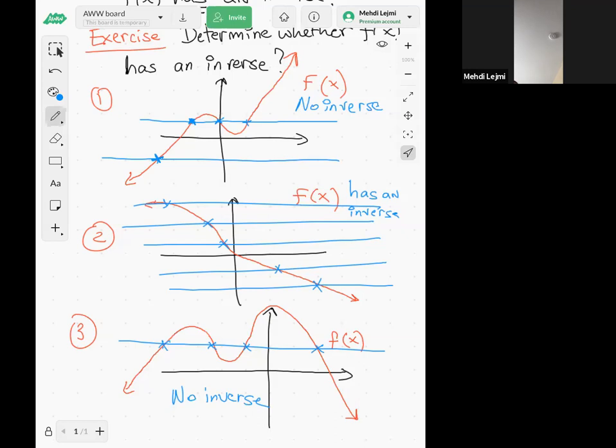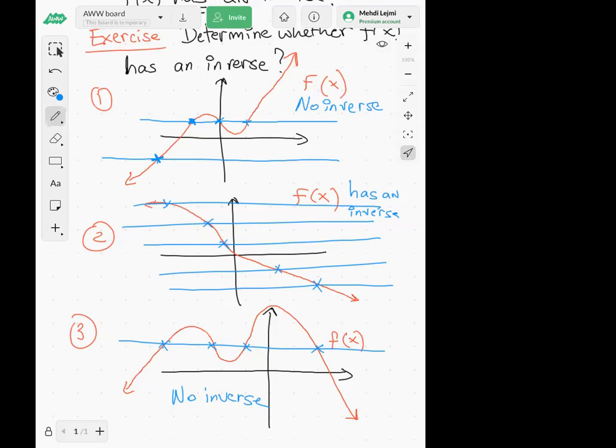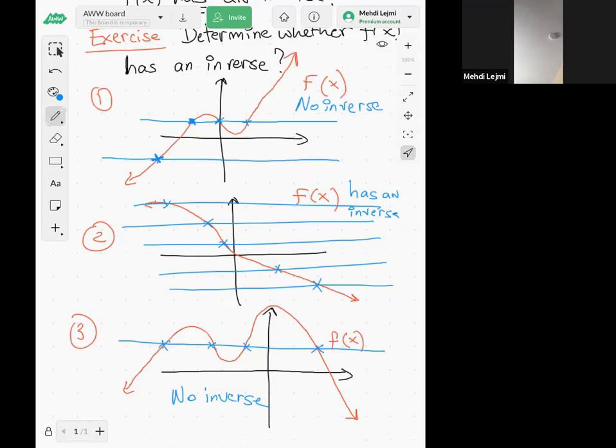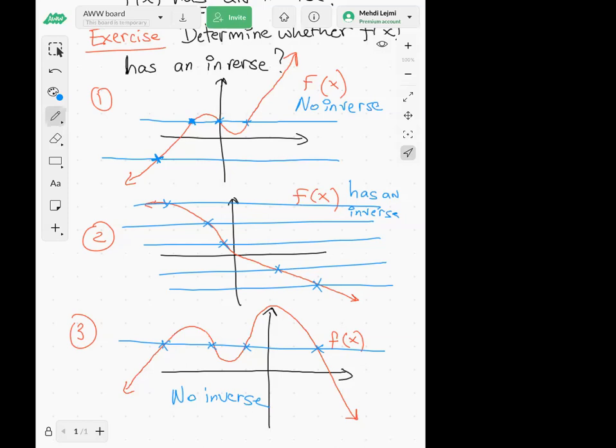Like question one? Yes, it starts with one intersection but ends with more, so the whole graph becomes a graph without an inverse, right?